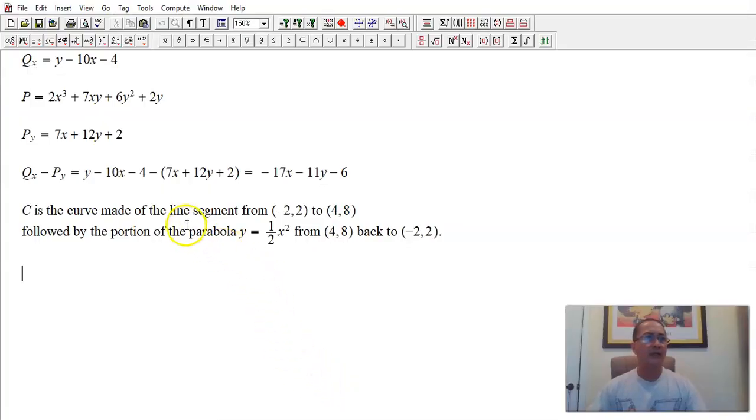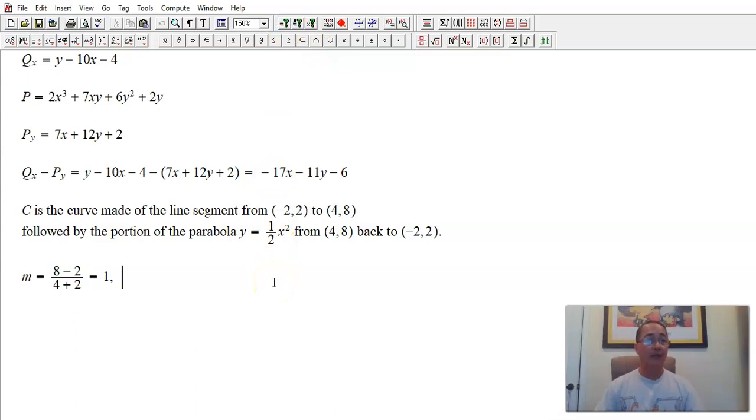Here's a copy of the description of the curve. We're going to need the equation of the line connecting these 2 points. What is our slope? We want 8 minus 2 over 4 minus negative 2, which is 6 over 6, that looks like 1 to me.